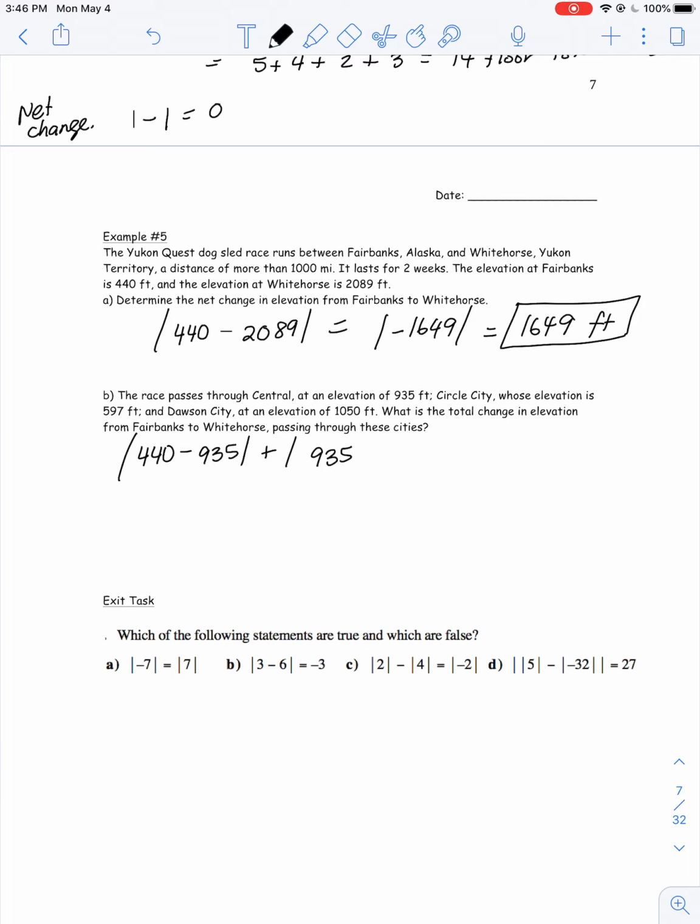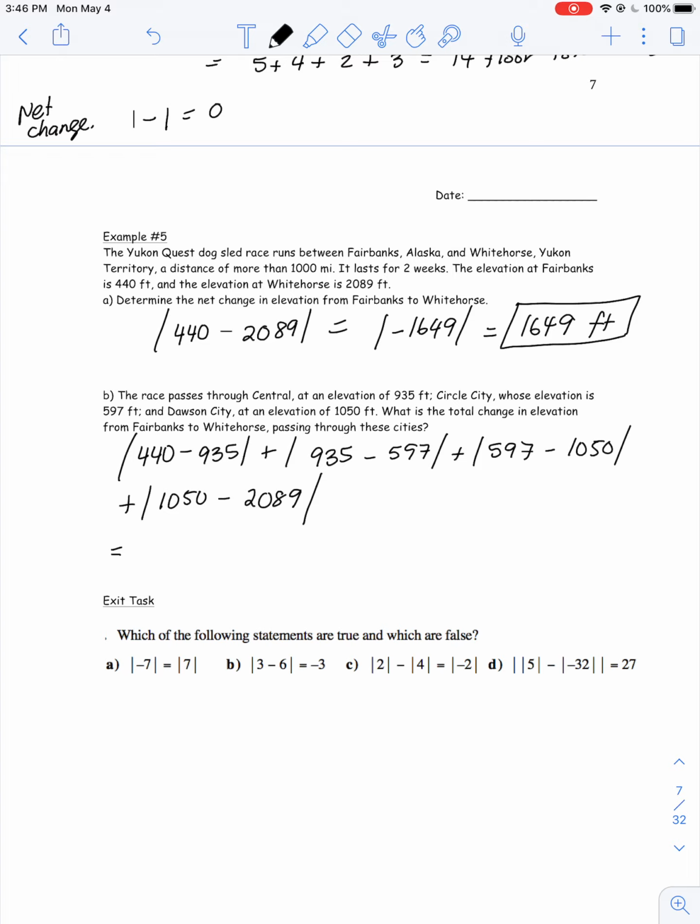Now we're going to add Central, which is 935, and the elevation change to the next city, Circle City, is 597. And then from Circle City 597, we're subtracting Dawson City, which is 1050, and we're adding 1050, which is Dawson City, and we're subtracting our last stop, which is at Whitehorse, which is 2089.